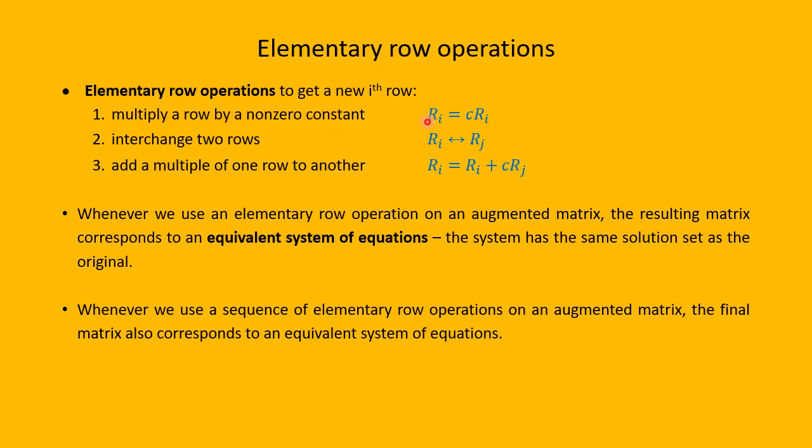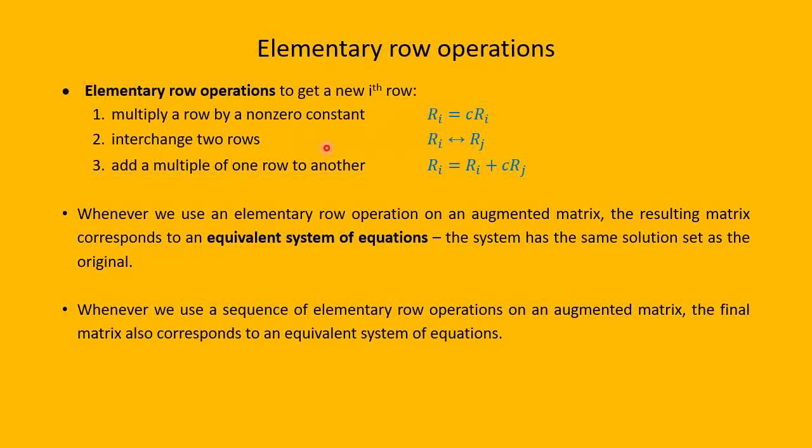I can write that as the new row, the ith row, r sub i, is a constant times the old row, r sub i. So when we look at this, this is an assignment statement rather than an equation. The value of the right-hand side is evaluated, c times the ith row, and that is stored in the left-hand side as the new ith row.